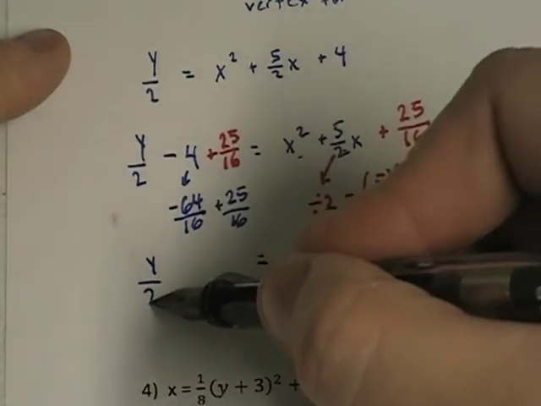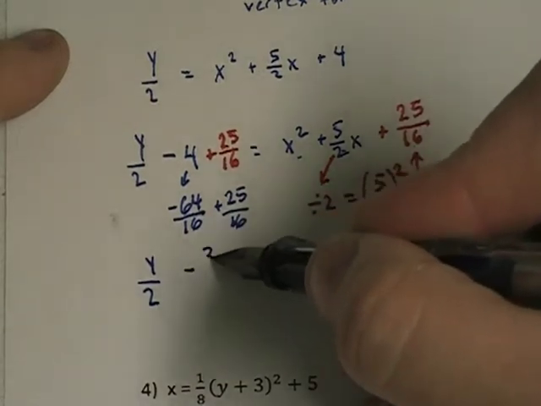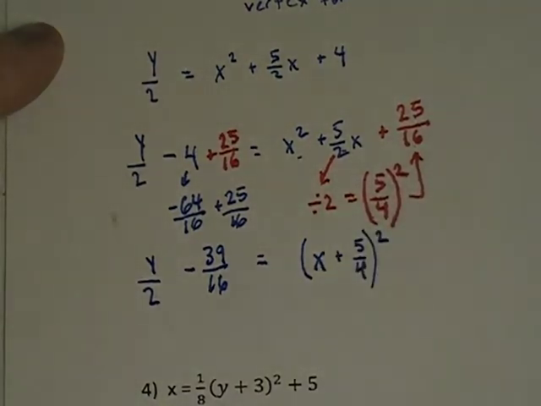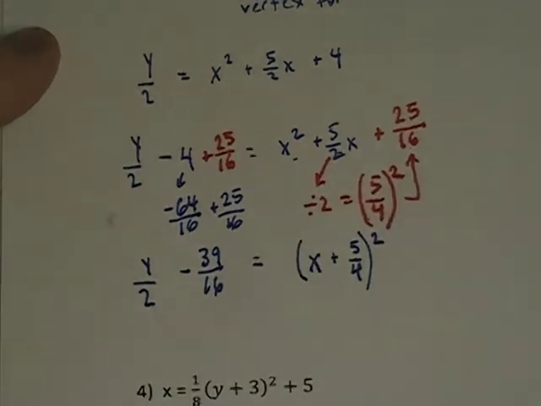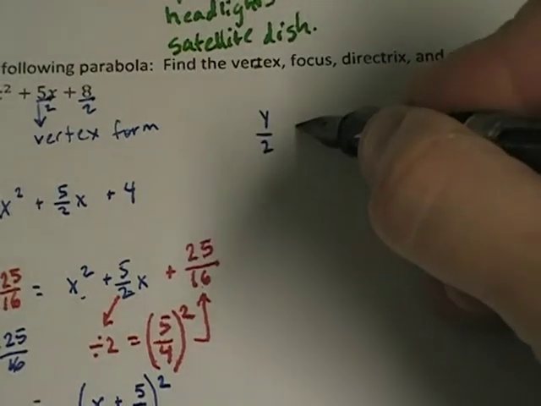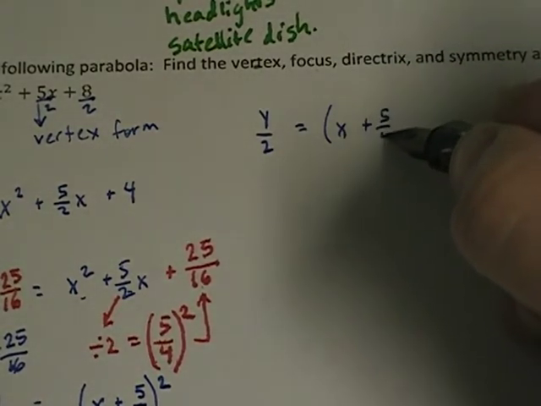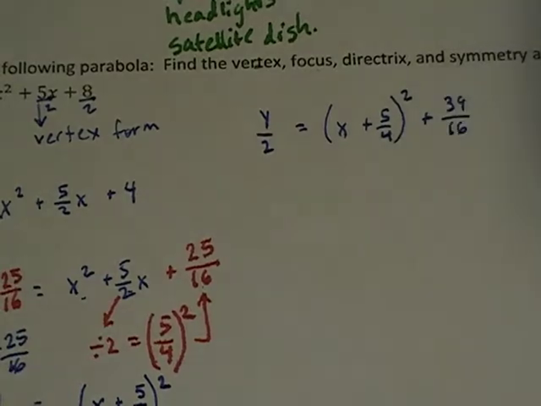So we get y over 2 minus 39 over 16 equals that. Then our next step is we want to move this guy back over. So we get y over 2 equals x plus 5/4 quantity squared plus 39 over 16.